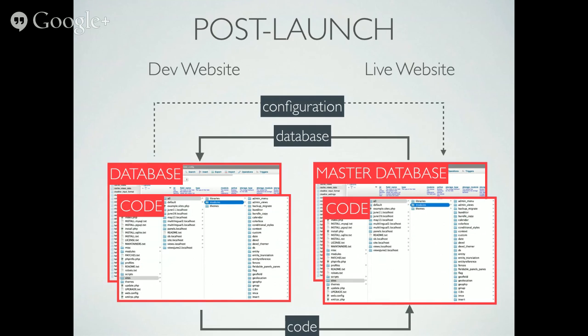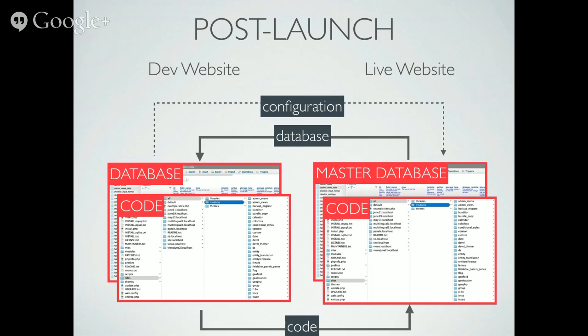So normally what happens if you're working on a development website is that the code changes are really easy to move over. You can commit the code changes to Git if you're using Git for your version control, or you can transfer them maybe via FTP or something up to your live website. And then on your live website, you have content being added. Maybe people are commenting on your site and creating user accounts and things like that.